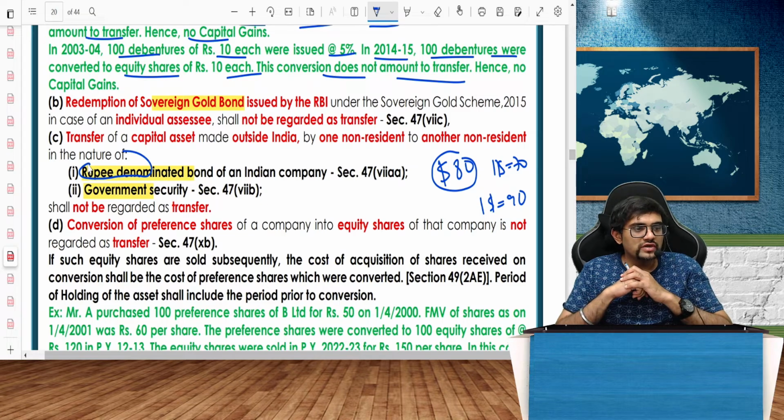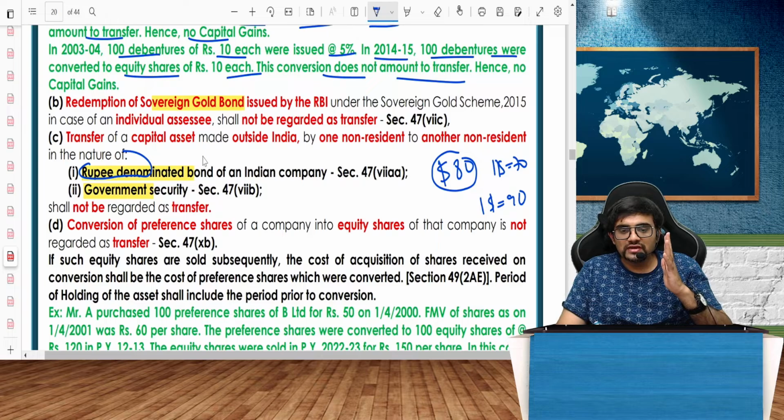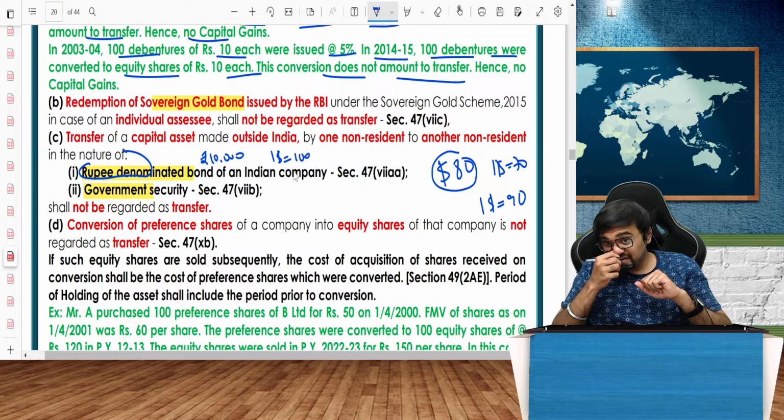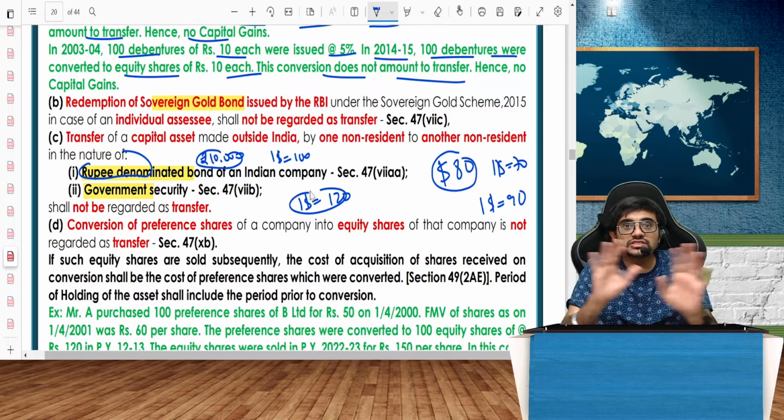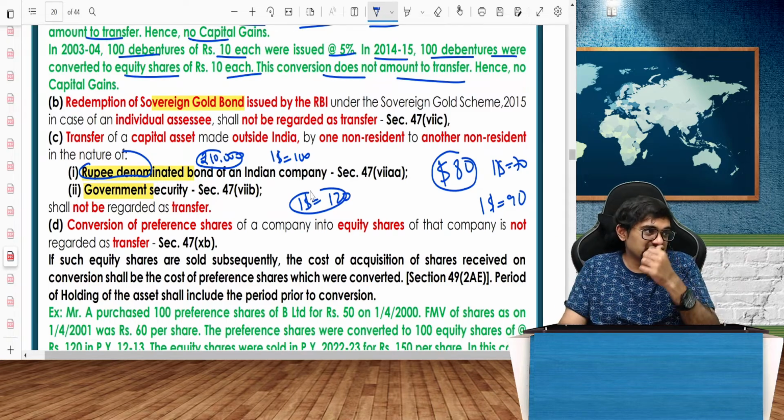Means what? Nothing doing. I will issue bonds worth 10,000 rupees. If $1 is 100 rupees today, that is all you will get. Tomorrow, if $1 becomes 120 rupees, you will get 10,000 divided by 120 worth of money. That's all. I am not going to convert.